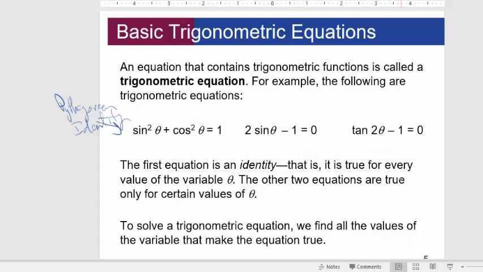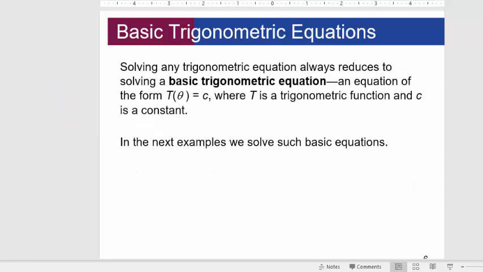As with any equation, you're just trying to find all the values of the variable, which in this case is theta, that make the equation true. That's no different than any other type of equation. Really, any trig equation you should be able to boil down eventually to what they're calling a basic trig equation, and that's just some trig function equals some constant.